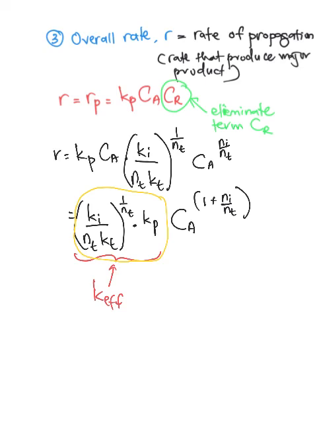Okay, but if you have the stoichiometric coefficient, you have the mechanism of reaction, just use the same steps to derive the overall rate.